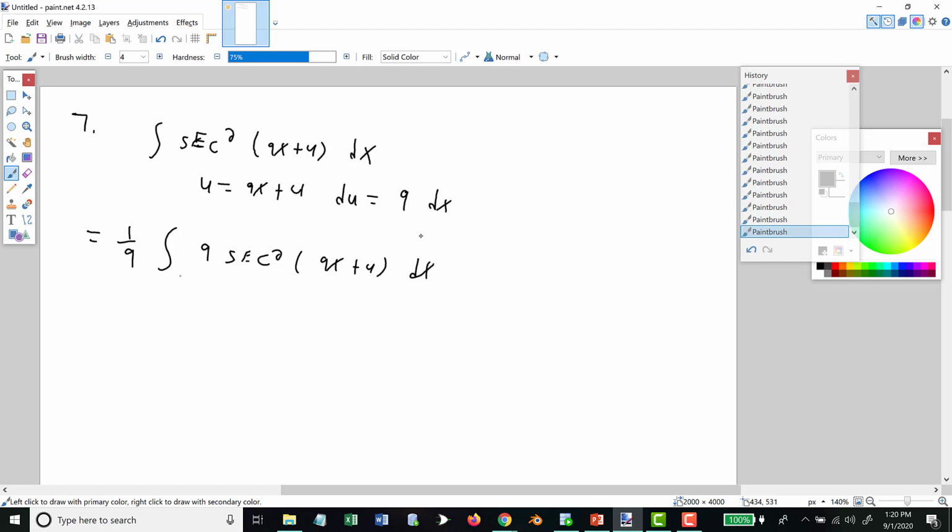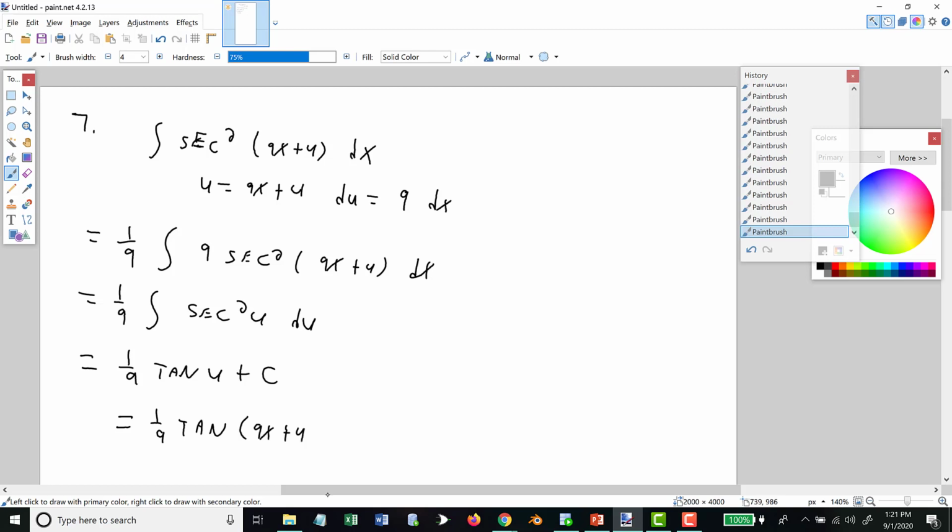Excuse me. So then the 9x plus 4 gets replaced by u, the 9 dx gets replaced by du, and this becomes secant squared u du, which we know is tangent. So it's tangent u plus c. And then we plug our u in, which is 9x plus 4, and plus c. And that's our answer.